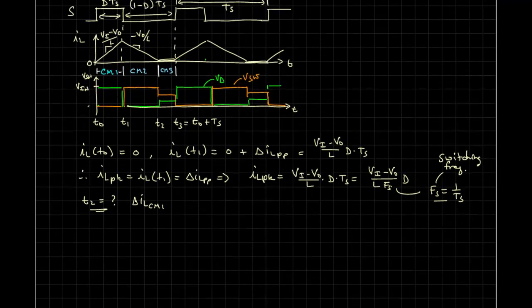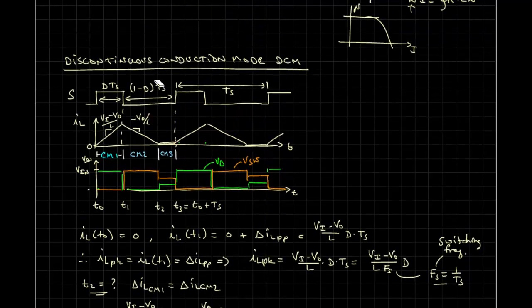So we can write that delta IL CM1 is equal to delta IL CM2. VI minus VO over L times DTS must be equal to VO over L times D, I'm going to call it D2, this period here.